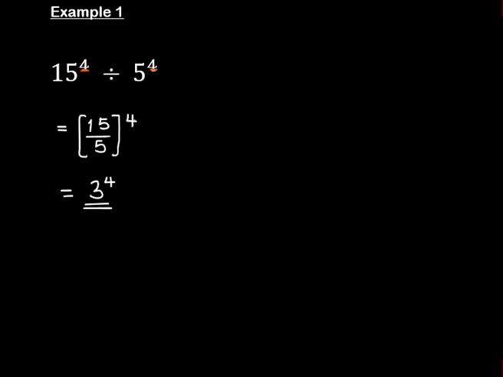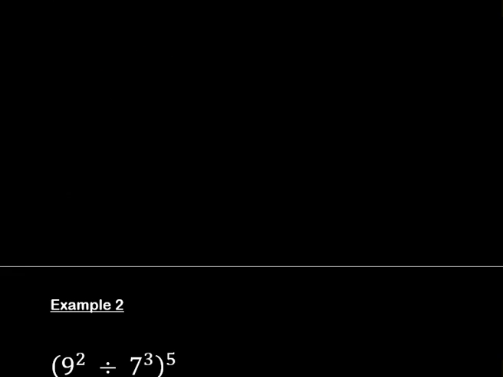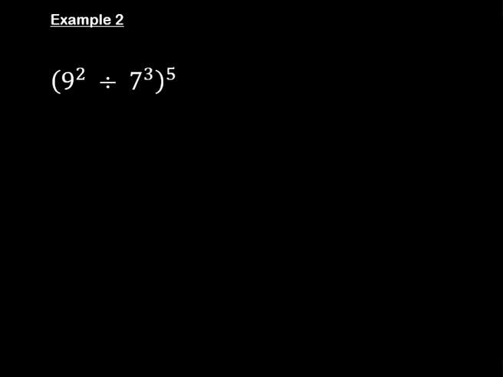Now let's come up with example number 2. So in example number 2, we will apply law 7 of exponents. So in this we will get 9 squared divided by 7 cubed into the power of 5.